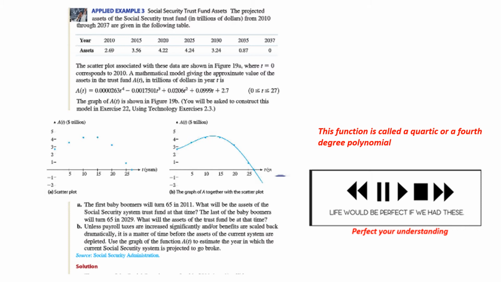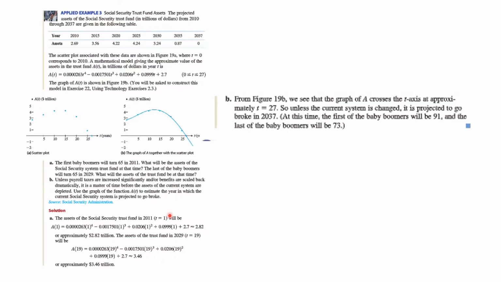Let's see how you did. So the assets of the fund in 2011, when t equals 1, you plug t equals 1 in there, do the calculation, and you will get $2.82 trillion.